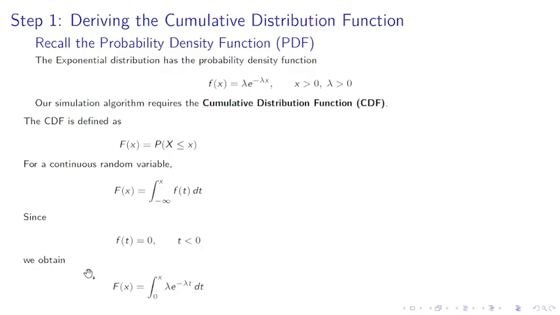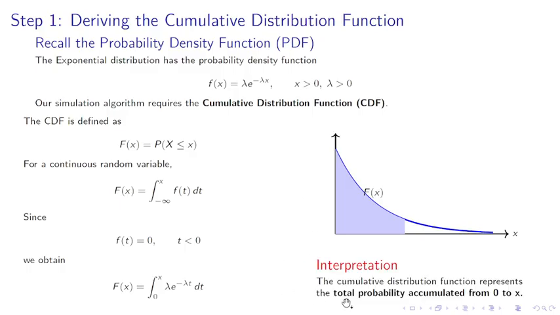We obtain F of x is equal to the integral from 0 to x of lambda e power minus lambda t dt. This is the cumulative distribution function F of x, and it represents the total probability accumulated from 0 to x.